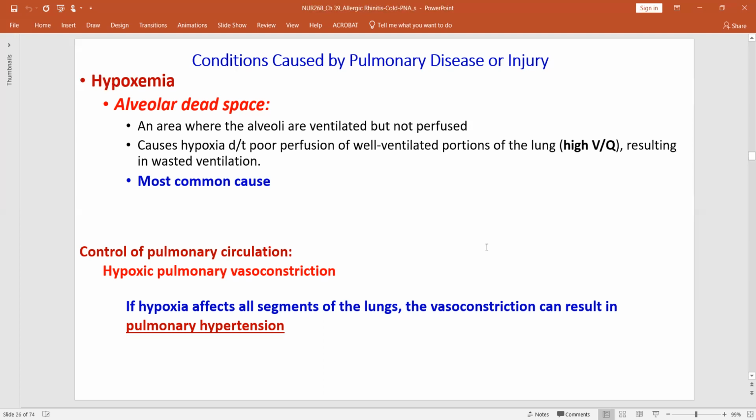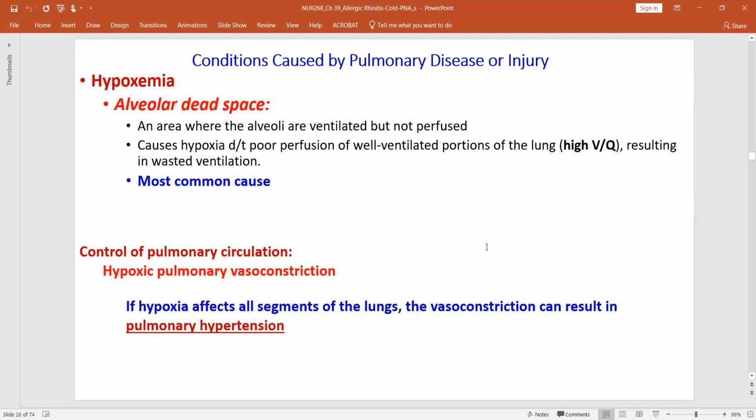This specific phenomenon in the lungs is completely opposite to what we would expect elsewhere in the body.